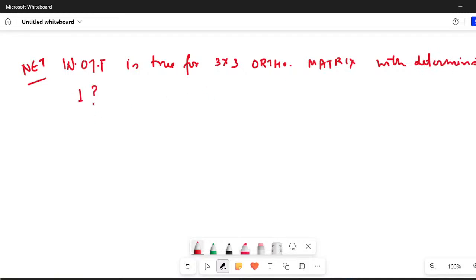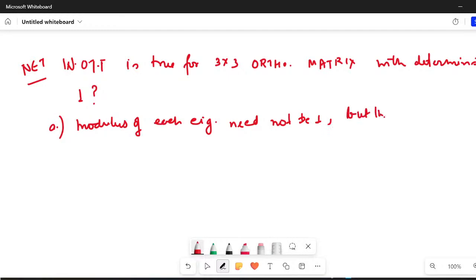Option number 1: the modulus of each eigenvalue need not be 1, but their product must be 1.